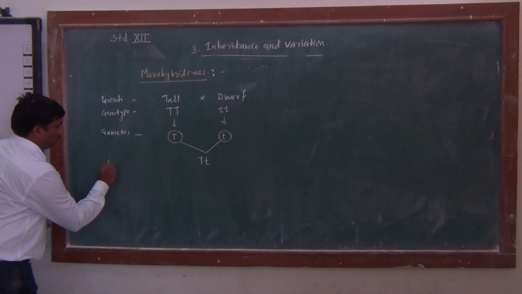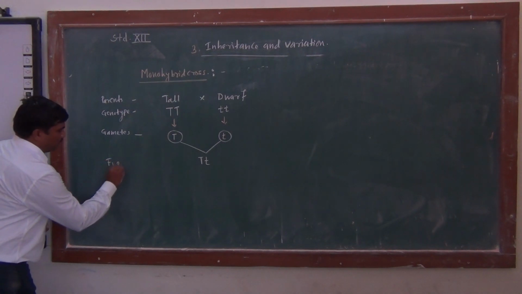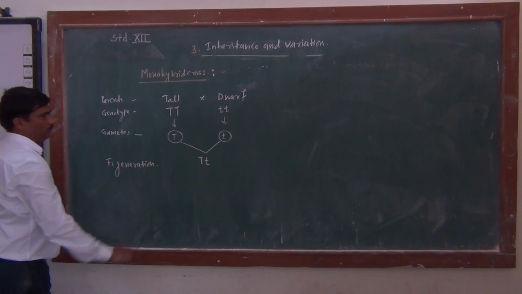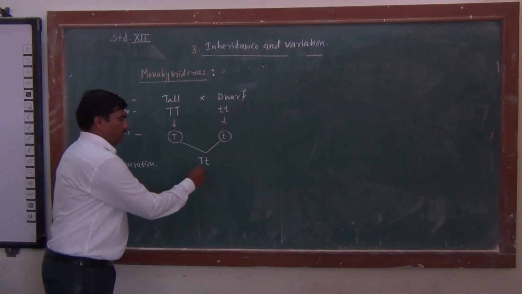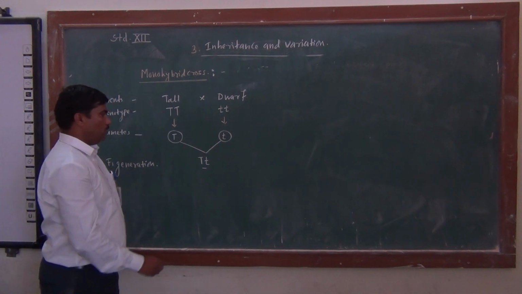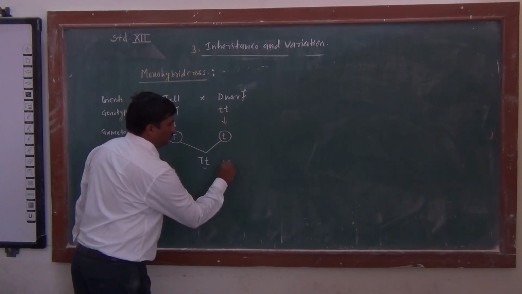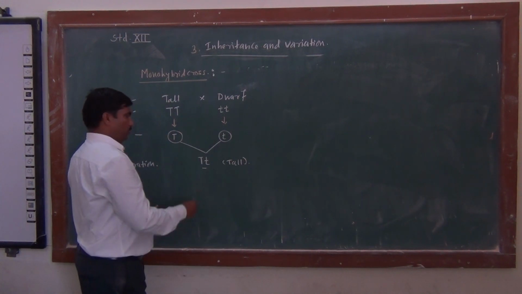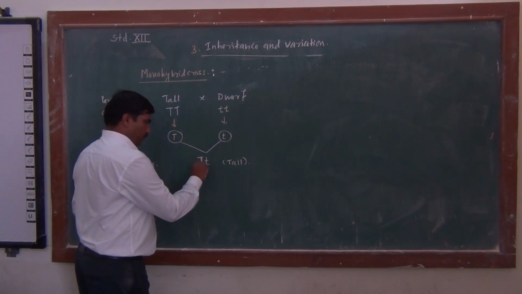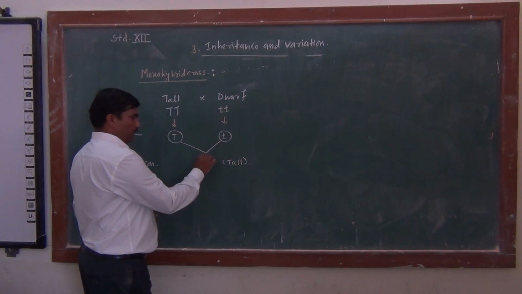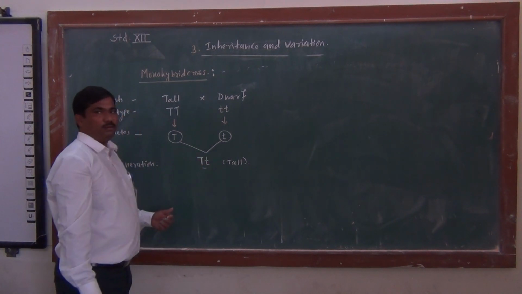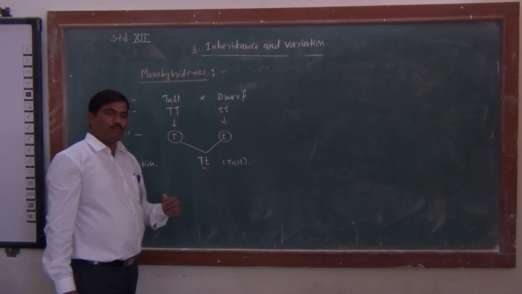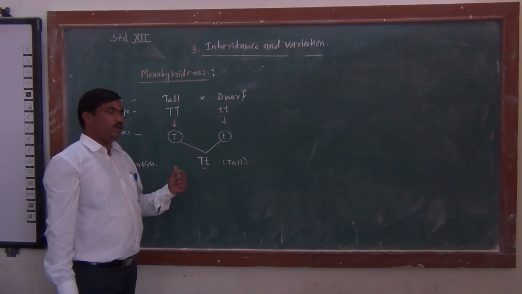This is the F1 generation. Mendel observed that in the first generation, all individuals are tall. They are known as hybrid tall because they have one dominant and one recessive allele.